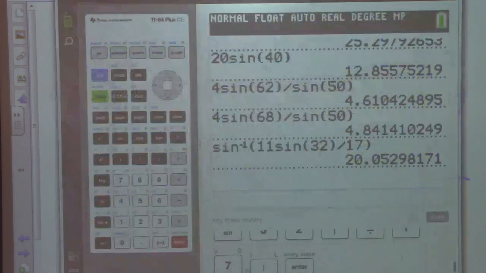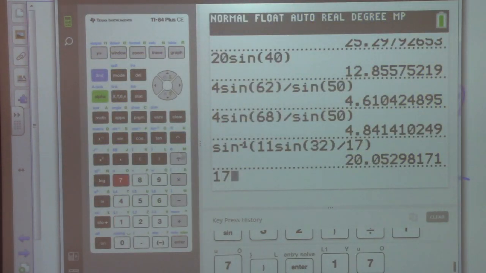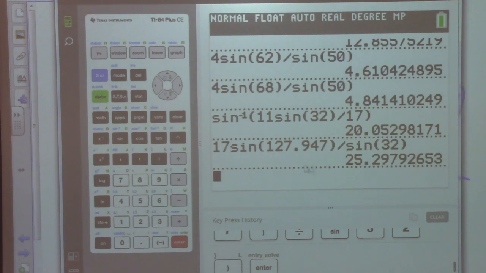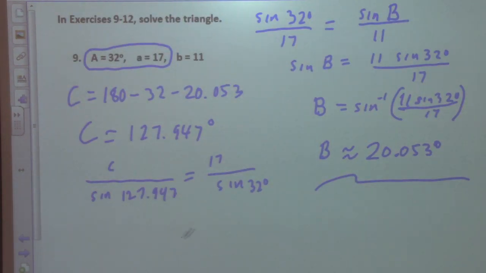17 sine 127.947 divided by sine 32. So you should get this. Does that look right? Yes. 25.298, and that's going to be little c.